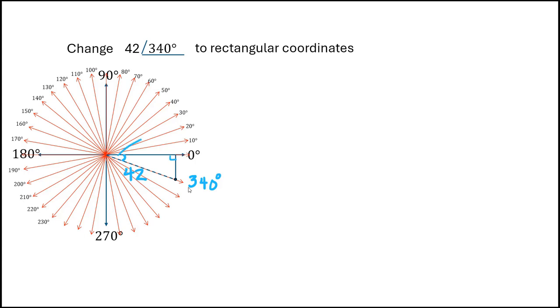And that angle there, this time, is you've gone all the way around 340. All the way around total would be 360. So this little angle here is 20 degrees. It is 360 minus 340. So that angle is 20 degrees. And we're going to use that to find our x coordinate and our y coordinate.